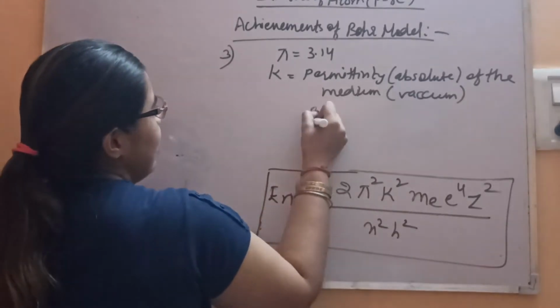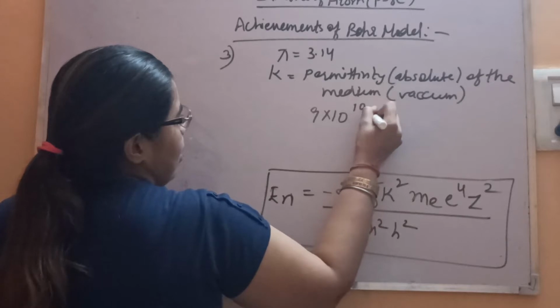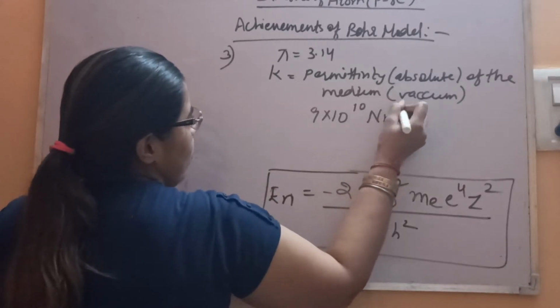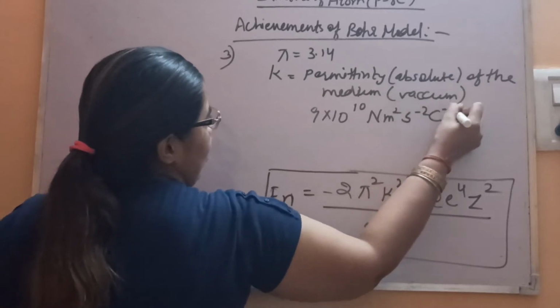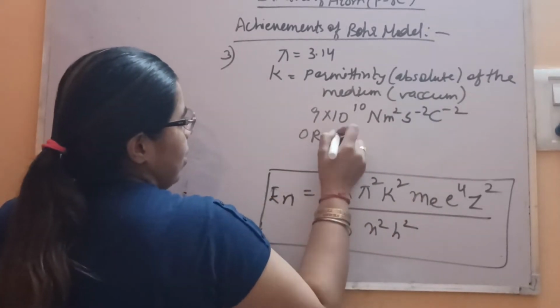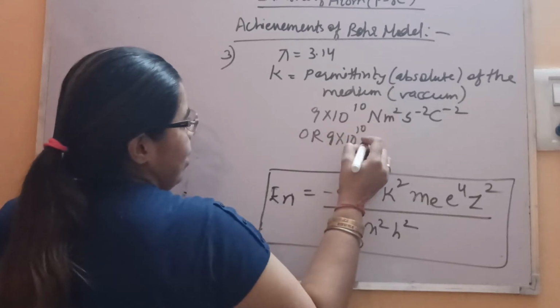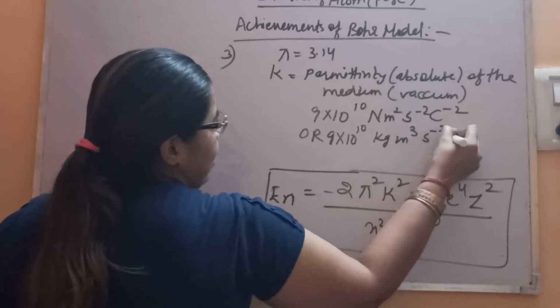Fine, its value is 9 into 10 to the power 10 Newton meter square per second square Coulomb square, or you can also write 9 into 10 to the power 10 kg meter cube per second square Coulomb square.